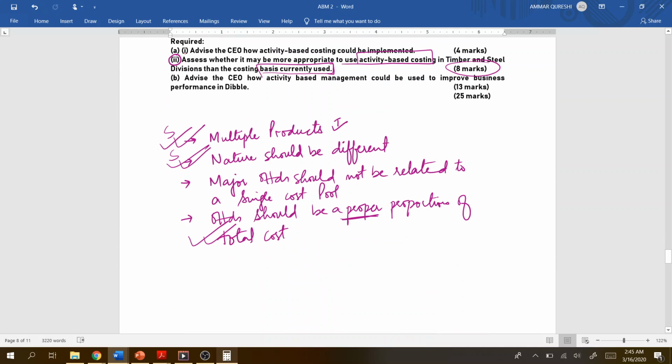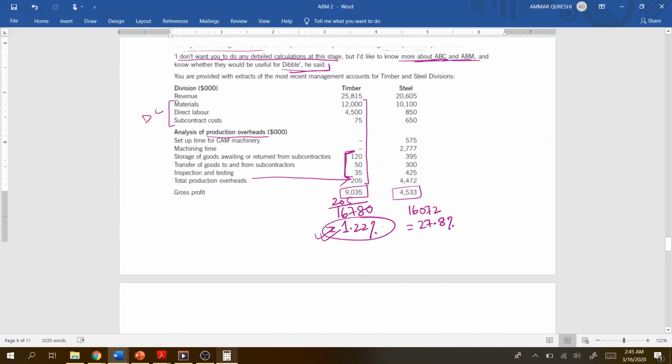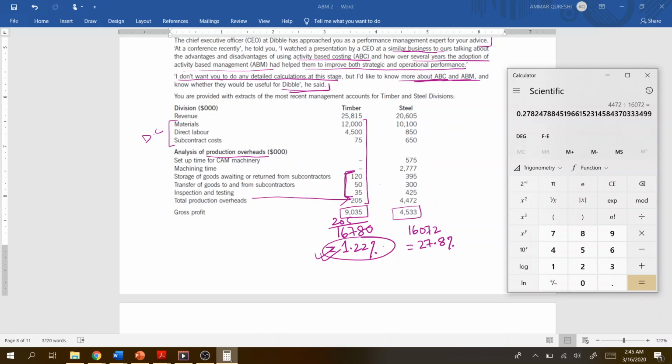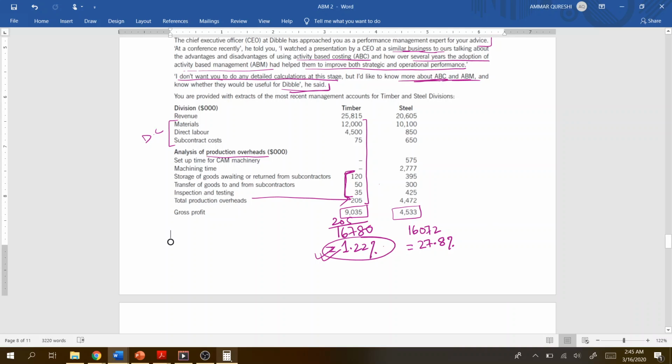Now let's see if major overheads are related to a single cost pool or not. 2777 divided by, sorry, 2777 divided by 4533. It's 61%, right?